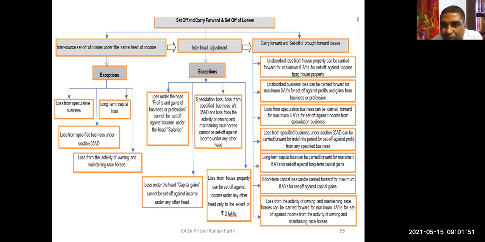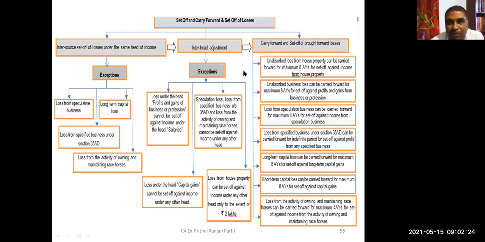Loss from 35AD business can be carried forward indefinitely, and can be set off against specified business income. Long-term capital loss can be carried forward max 8 years, and can be set off against long-term capital gain. Short-term capital loss can be carried forward max 8 years, and can be set off against both long-term and short-term capital gain. And loss from the activity of owning and maintaining race horses can be carried forward max for 4 years, and can be set off against income generated from similar business.